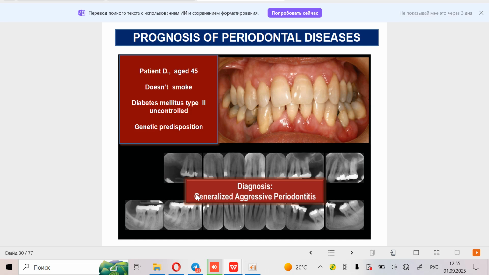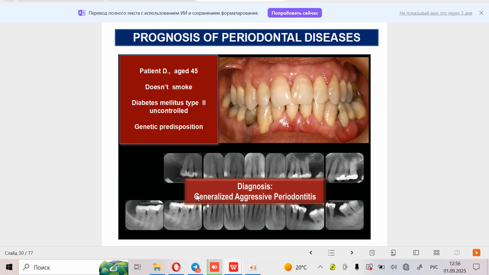bad prognosis. The patient has prognosis criteria such as diabetes type 2, uncontrolled, and genetic predisposition. If there is an uncontrolled systemic disease, then remission can only be temporary, and it is very difficult to work with such a patient with uncontrolled systemic diseases.